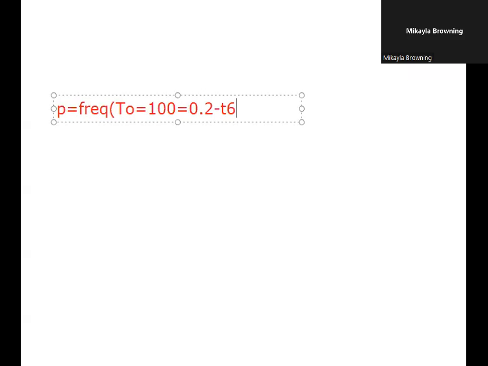So here we're told that the frequency of the first allele, which is the frequency of TO-100, equals 0.206.